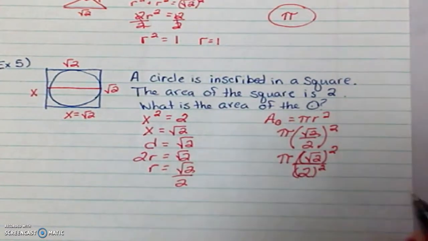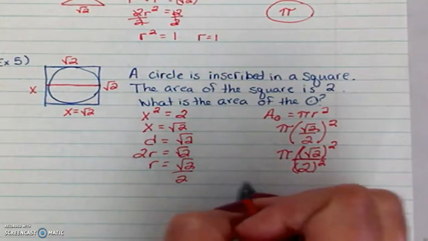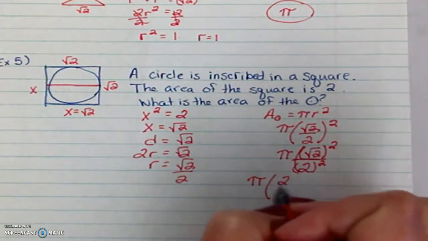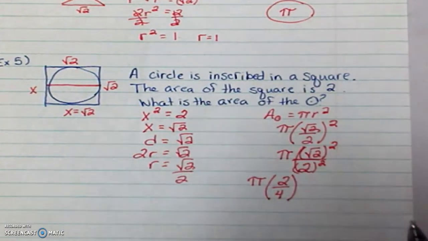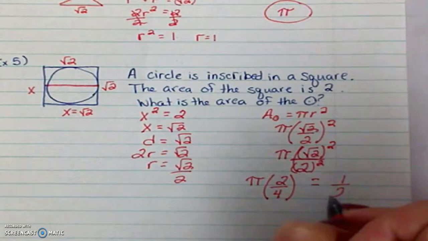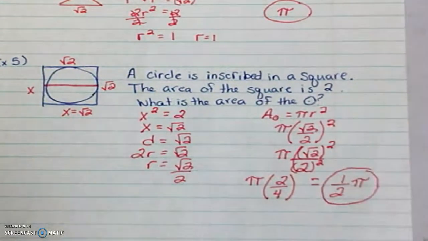So radical 2 times radical 2 is just 2. So this simplifies into pi times 2 over, and 2 squared is 4. You get 2/4 pi, which reduces down to 1/2 pi. And that is the area of your circle.